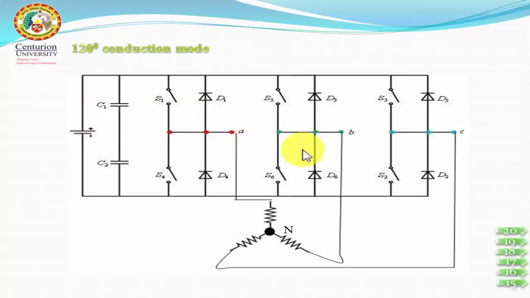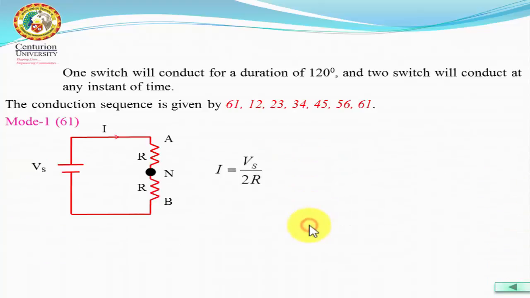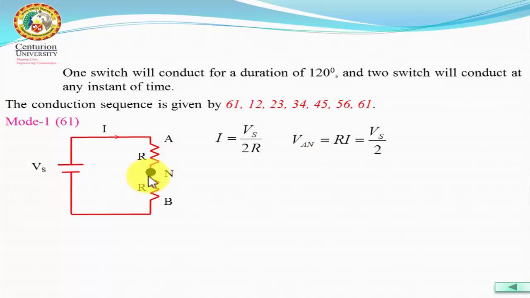So it is a very simple circuit. This is the equivalent diagram now. When 6 and 1 are conducting, we have taken a balanced load, R and R, both the same.